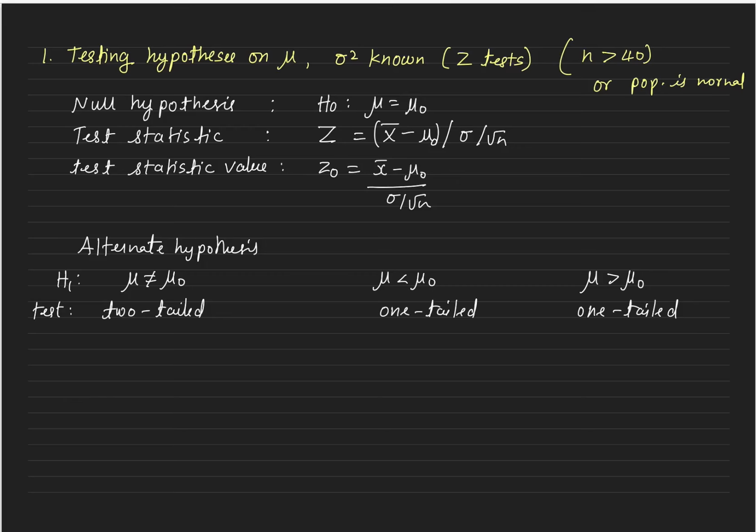Okay, now since this is a Z test, assume that alpha is level of significance. And confidence interval will be 100 times 1 minus alpha percentage, which is the acceptance region, and that lies between these 2 points, minus Z alpha by 2 and Z alpha by 2.